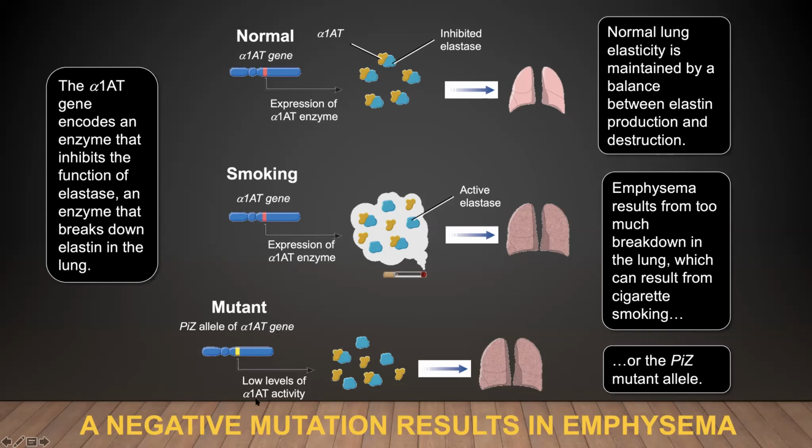And so at low levels of activity, we also see this similar activity with a cigarette smoke. So you have more of this active elastase enzyme, which doesn't allow for the balance of that elastin protein, which can result as well in emphysema.